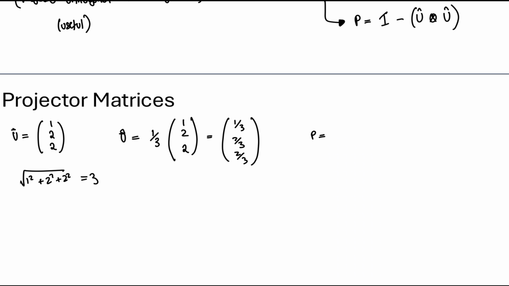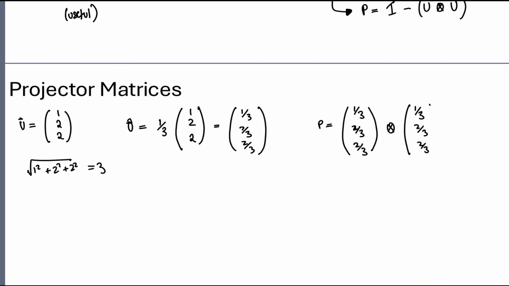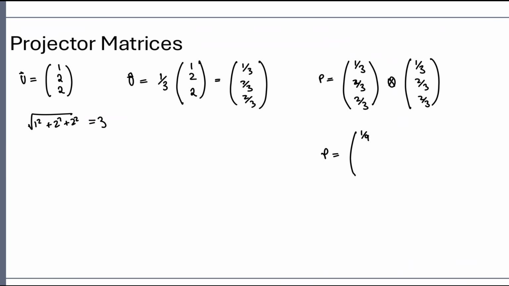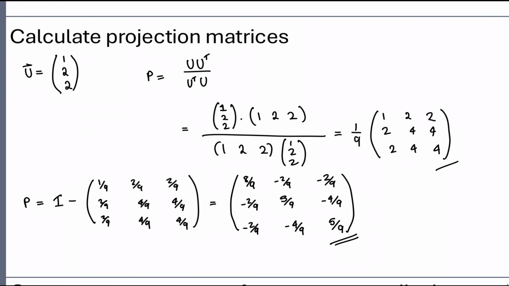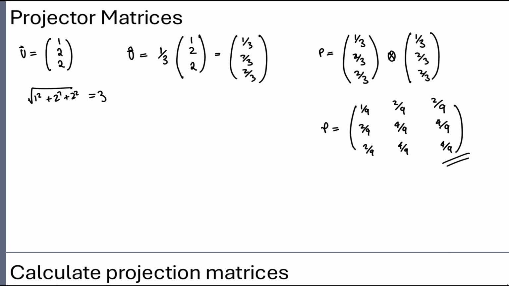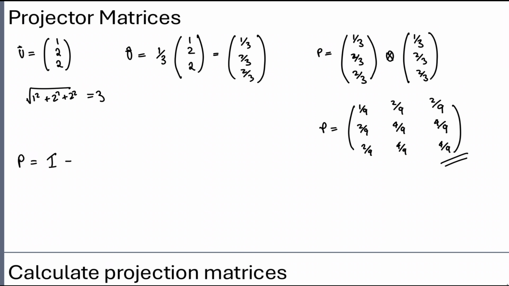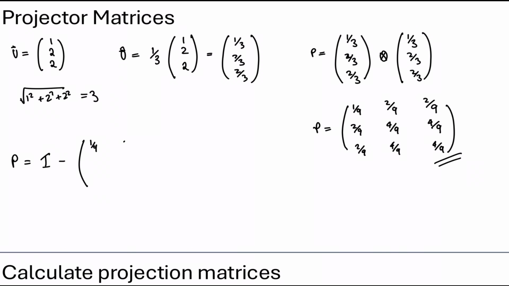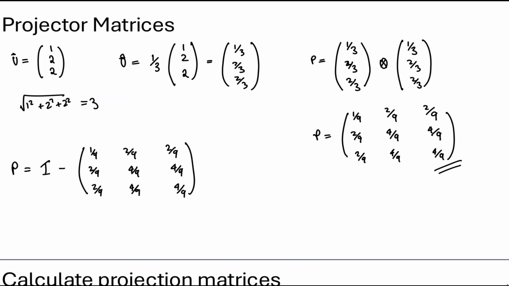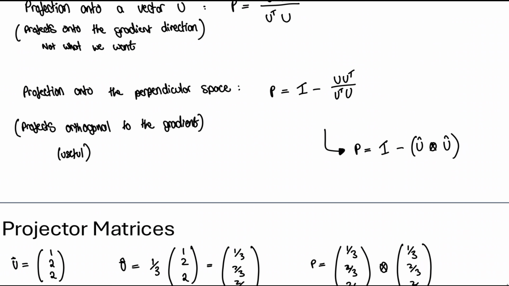So if we work out the projector matrix, which is along the vector u, we would get 1 over 9, 2 over 9, 2 over 9, and so on, which is what we got before. And then to work out the projection matrix which is perpendicular to our vector u, we would just subtract this from the identity, which of course gives us the same thing as before. So this would just be another formula to work this out.